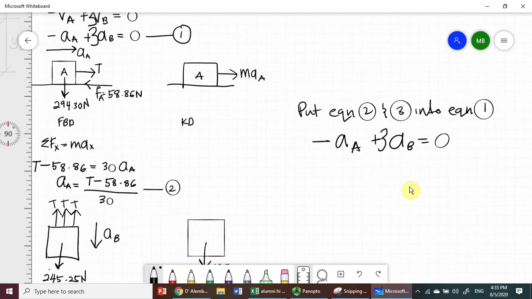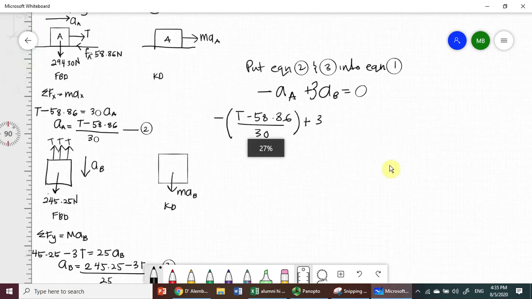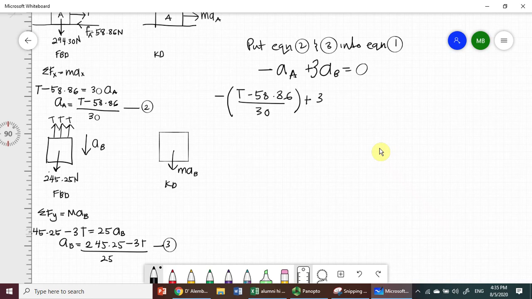So what is our acceleration at A? Our acceleration at A is (T minus 58.86) divided by 30, plus 3 times our acceleration at B, which is (245.25 minus 3T) divided by 25, equals 0.